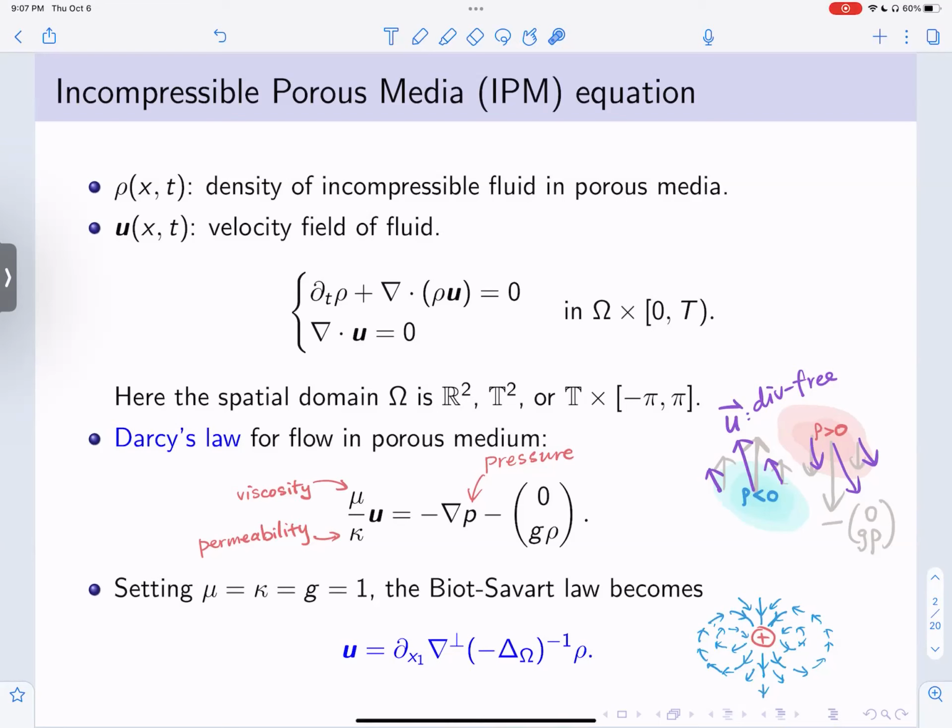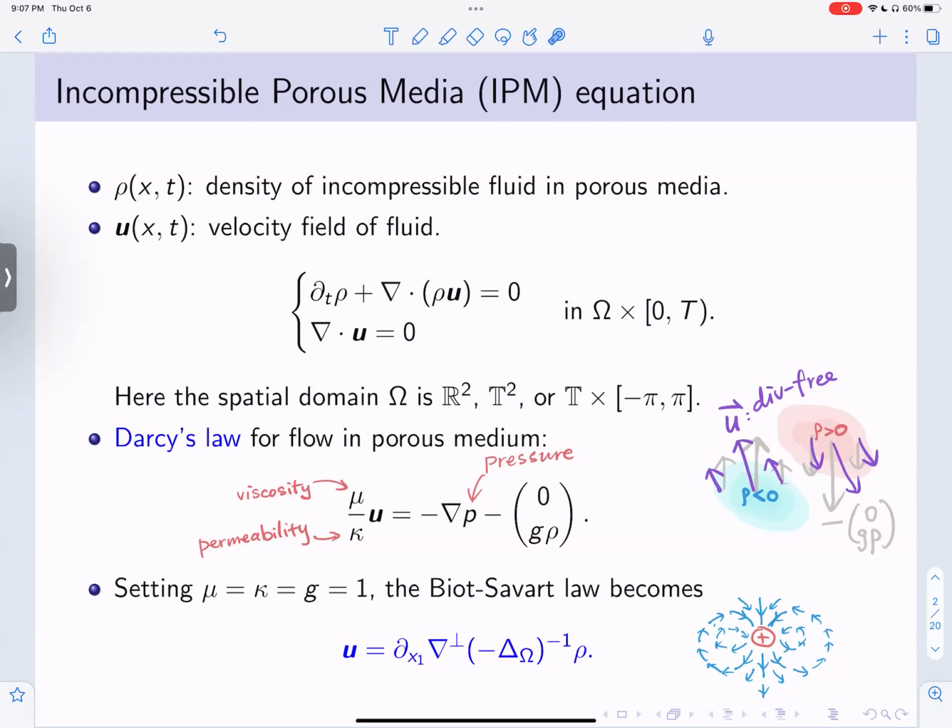The relationship is as follows. One first takes the inverse Laplacian of rho, and then takes the grad perp, and on top of that, we take the partial derivative in the horizontal direction. That may look a little strange at first glance, because it seems like this equation is more special in the vertical direction.